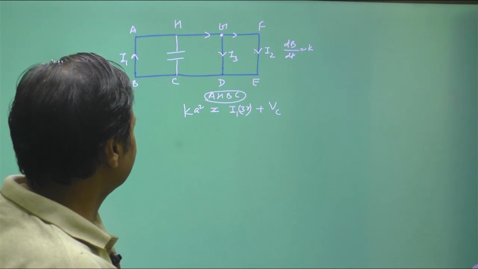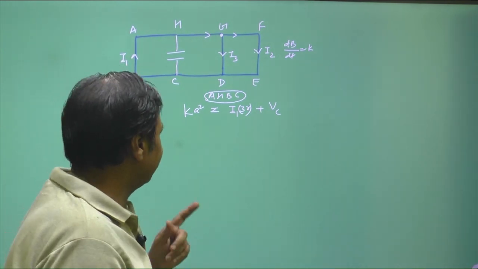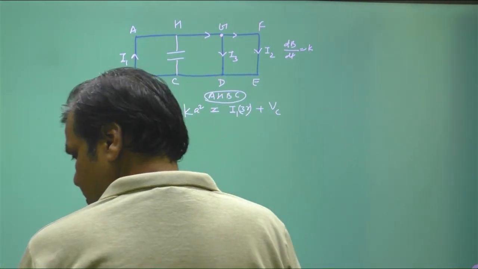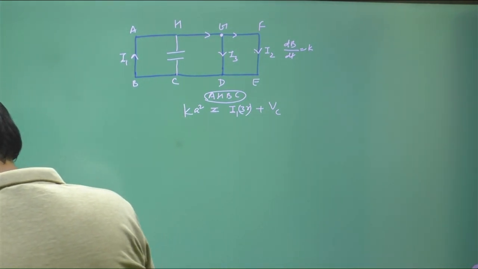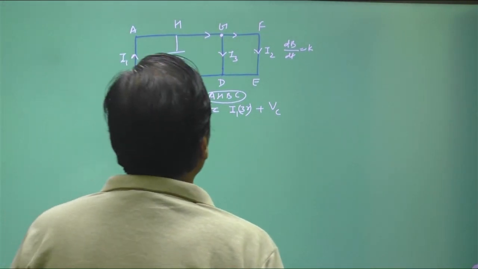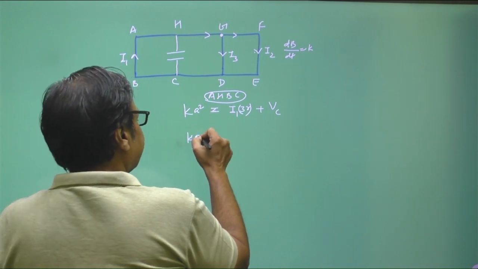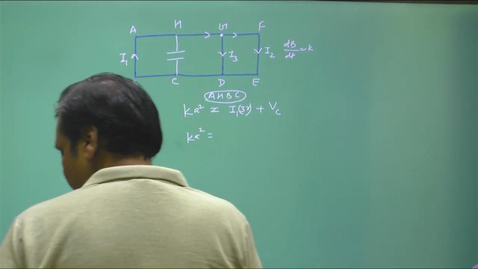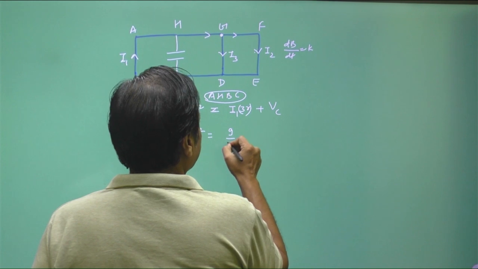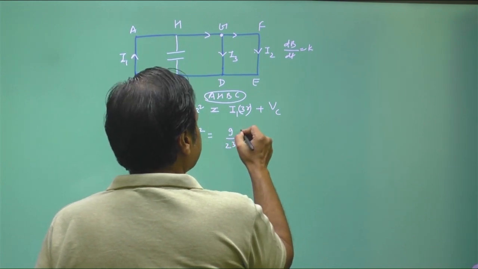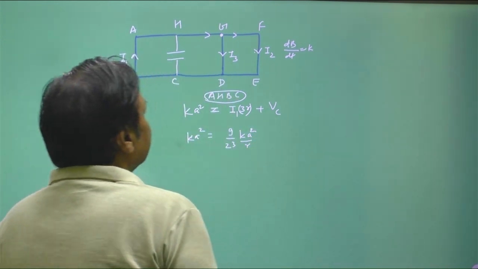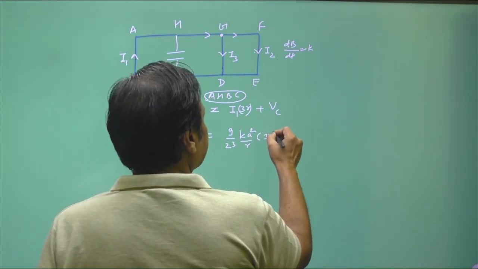And we have the value of I1 already. What was the value of I1? I have already found it, 9 by 23 I naught. So I can write that Ka square equals I1, which is 9 upon 23 I naught, that is Ka square upon R, multiplied by 3R plus Vc.